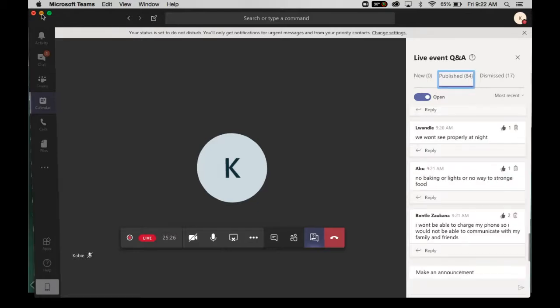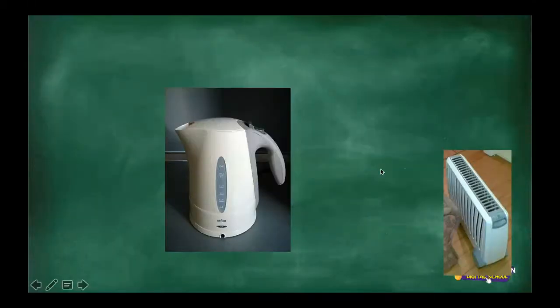All right, next picture. That is a heater. What system is the heater solving?